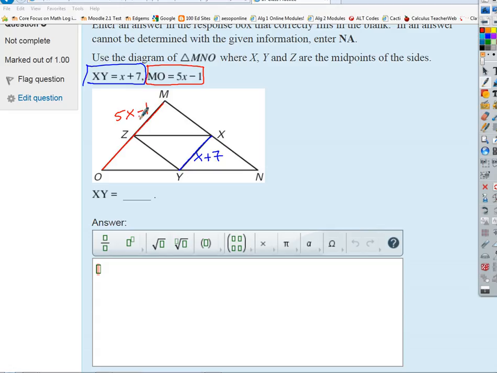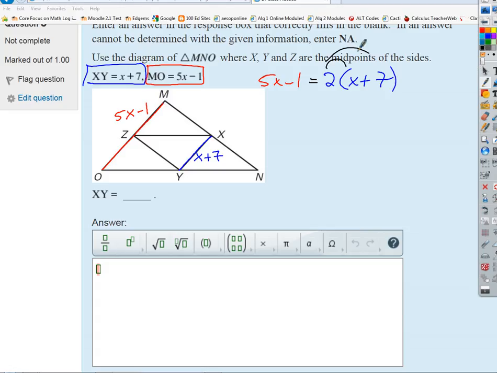Gina just added them separately, which is fine, but we could also say 5x minus 1, the long segment, equals 2 times the length of the short segment, right? Same thing. Okay, and then what do I do? Algebra is not so bad here. What do I do to this algebraically?